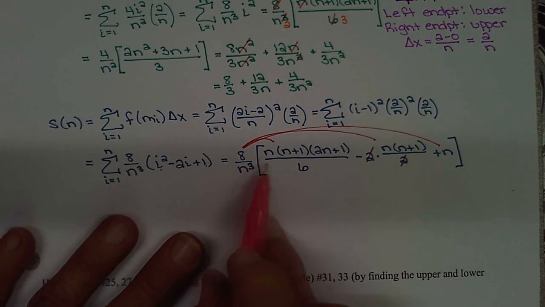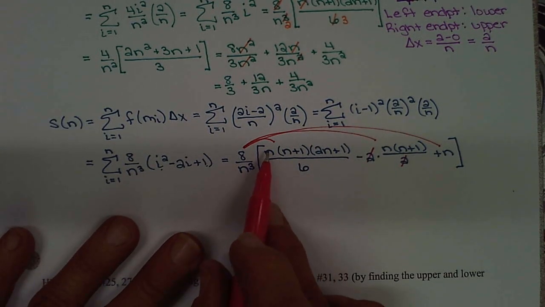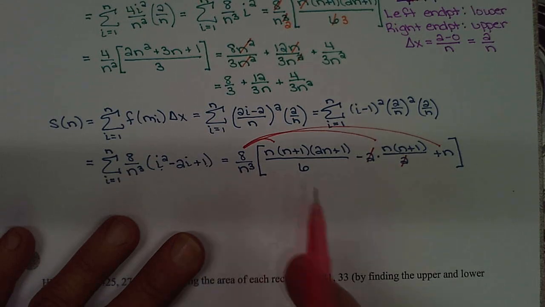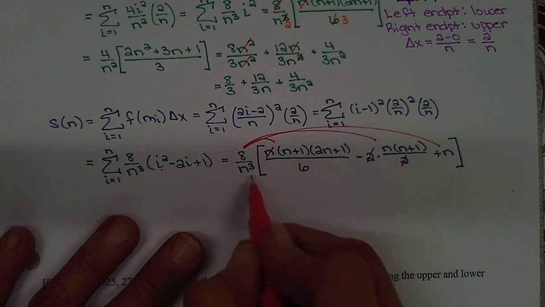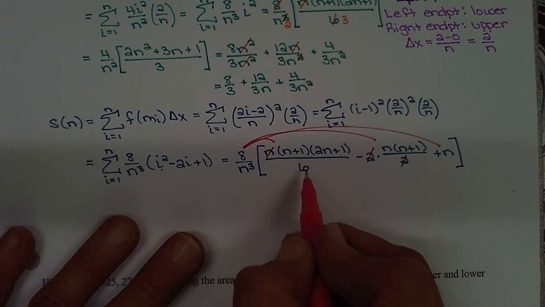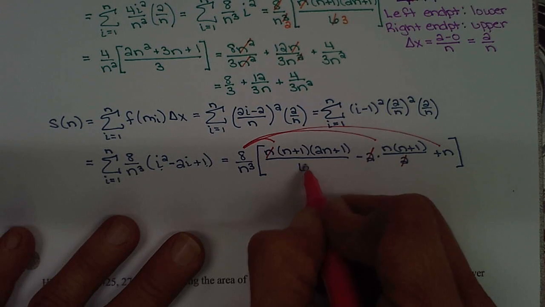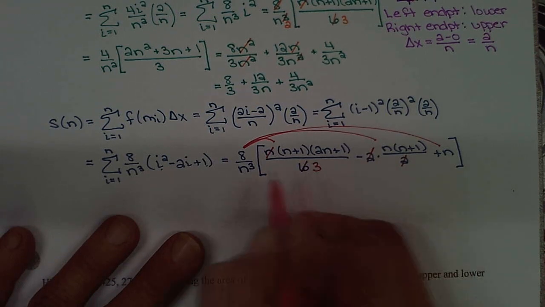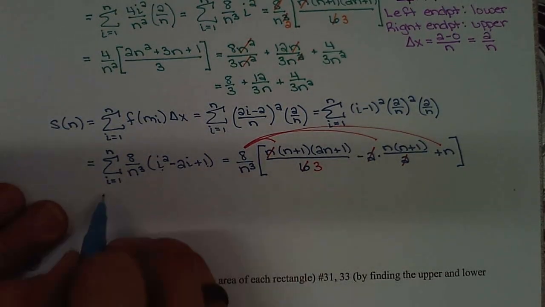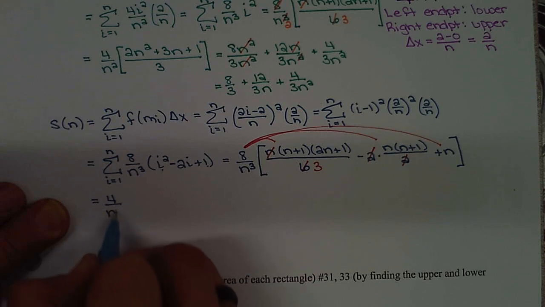Now, when I multiply it to this first one, the n and the n cubed are going to reduce like they did before. So that n is going to be gone, and that's going to become an n squared. Here, the 8 and the 6 will reduce like they did on the other problem, leaving a 4 and a 3. So this is going to reduce to a 3. That's going to become a 4 over n squared.